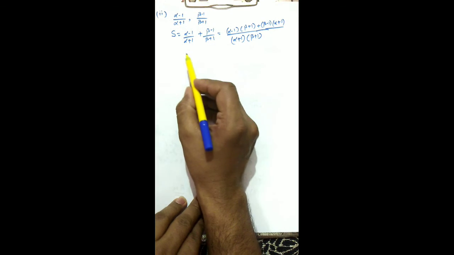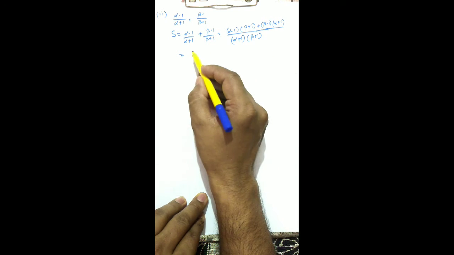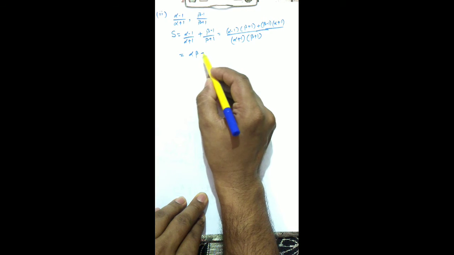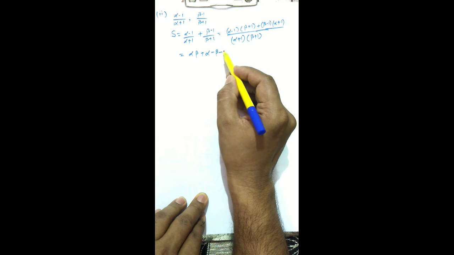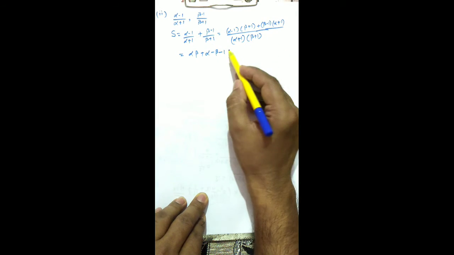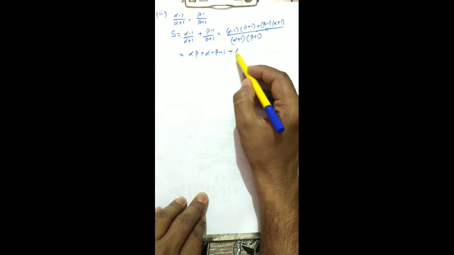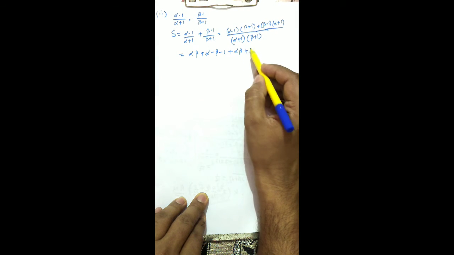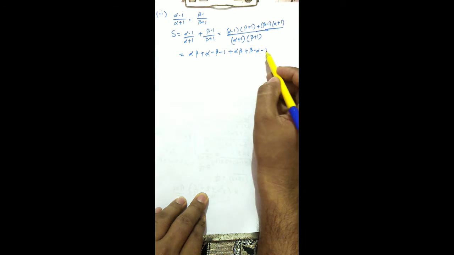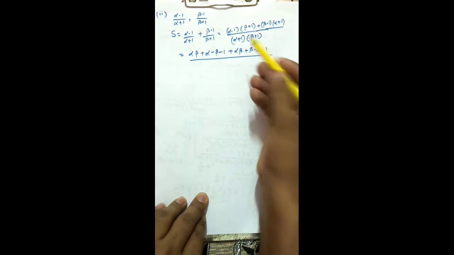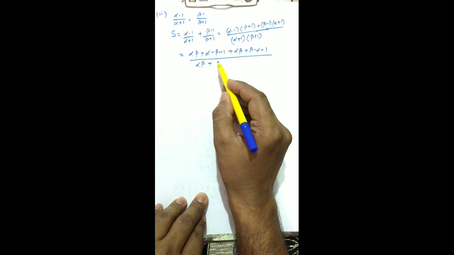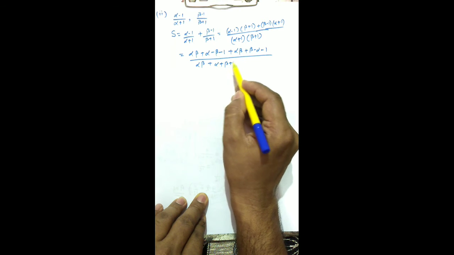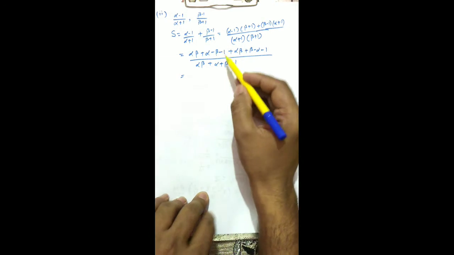So we have to simplify this. Alpha into beta is alpha beta, plus alpha minus beta, and minus 1. I am just opening the bracket here, and here it is alpha beta plus beta minus alpha and minus 1. Now you can simplify this further.